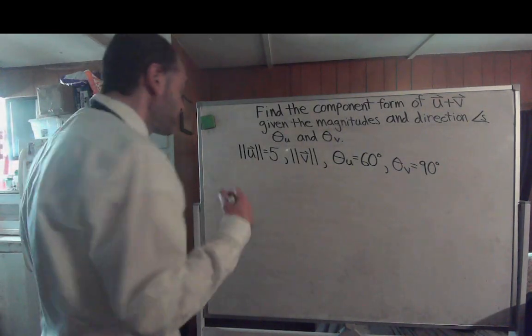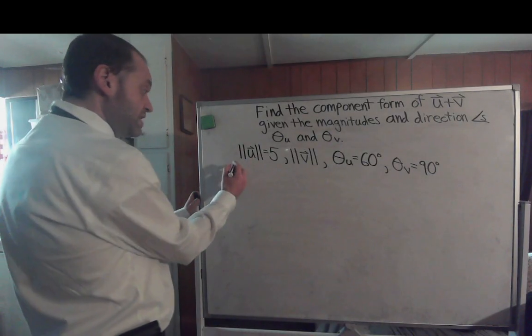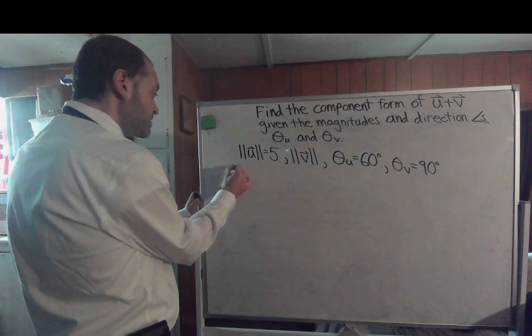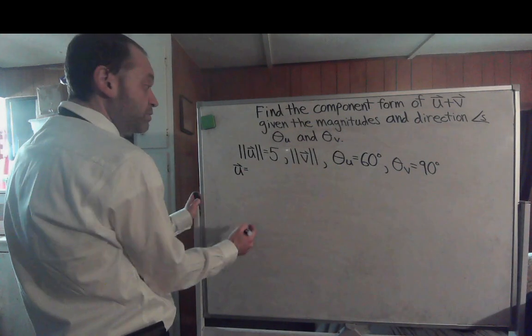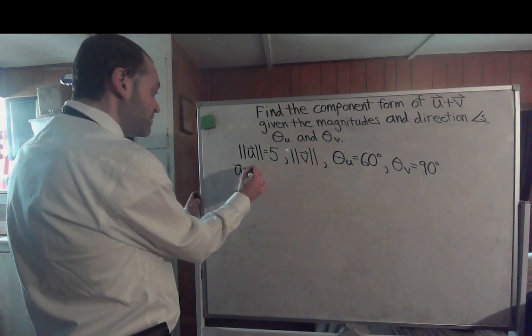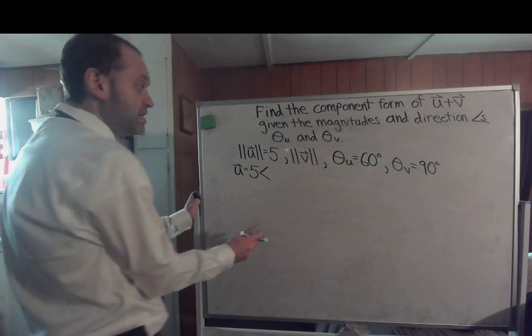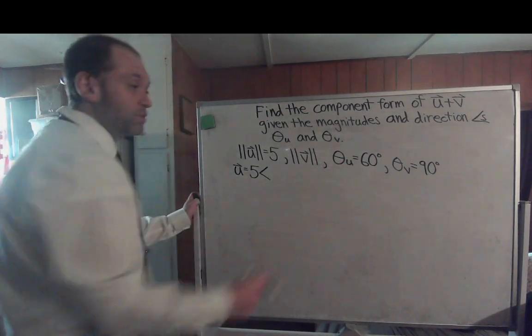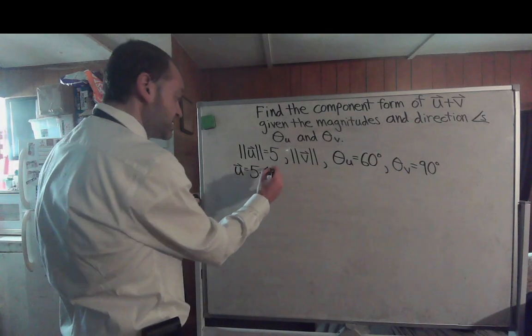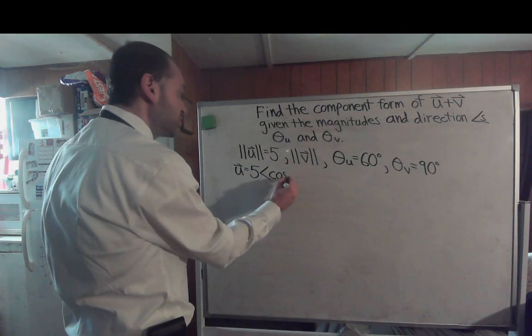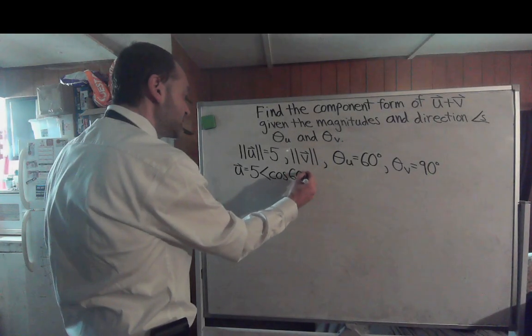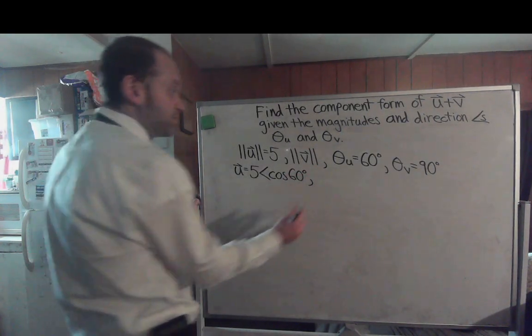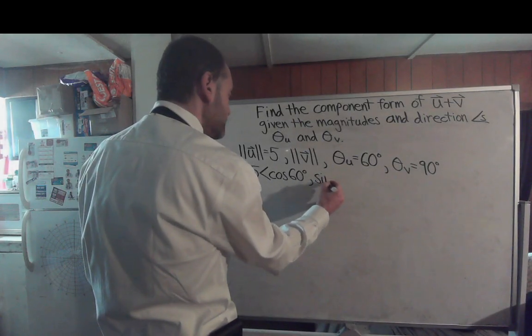So let's work on finding vector u itself. Vector u equals that magnitude of 5 times the cosine of 60 degrees, and then the sine of 60 degrees.